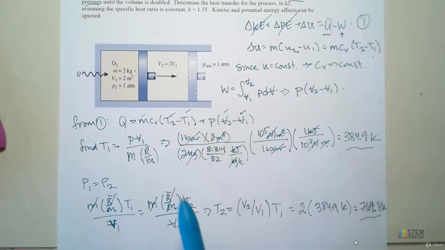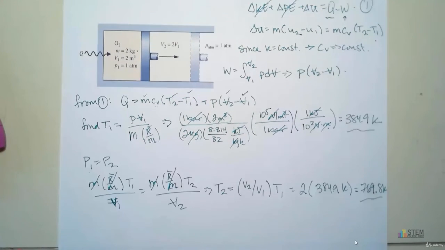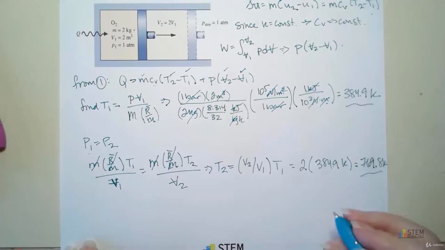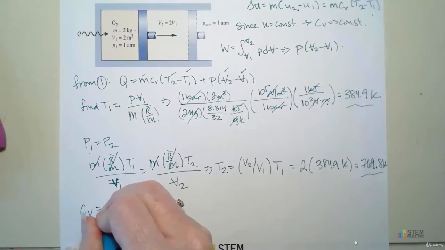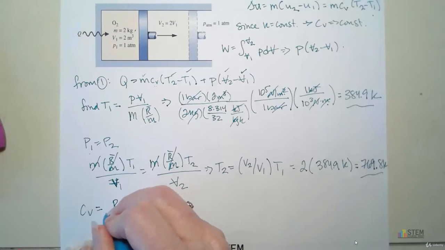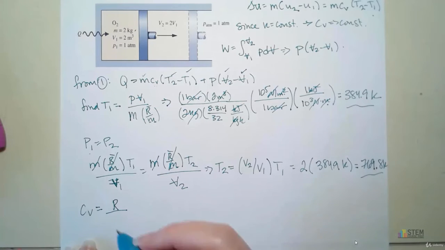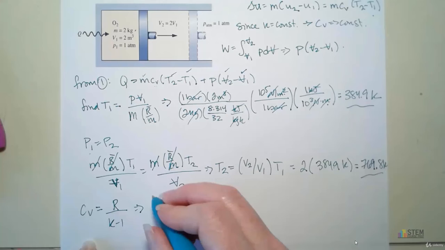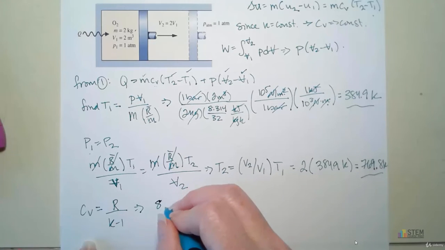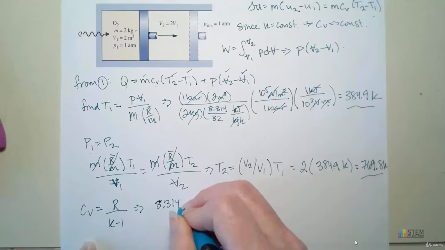Last thing is CV. For this one, if you look back in your notes, we have an equation that is CV equals R over K minus 1. And we're going to use that equation. So R is R bar over M. So we'll have 8.314.